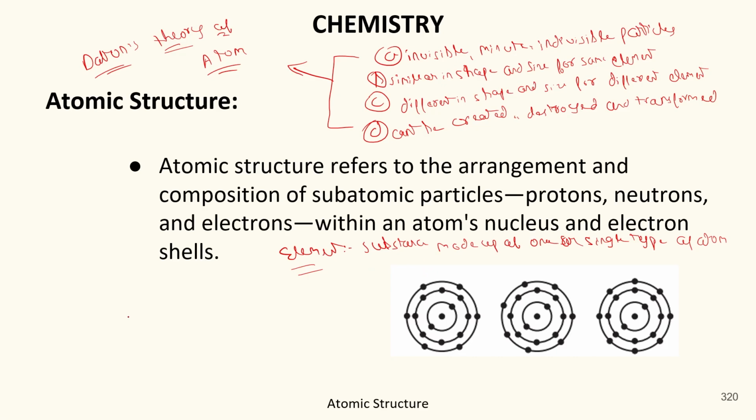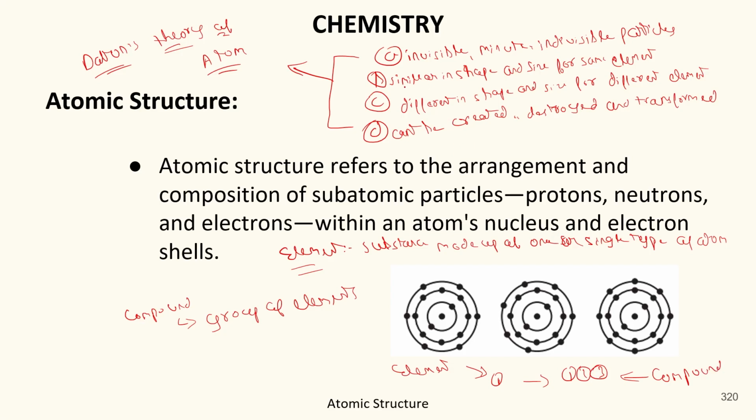And compound is basically a group of elements. So here you can say if this is one element and then 1, 2 and 3, these all three elements get combined together, then they all are forming a compound.